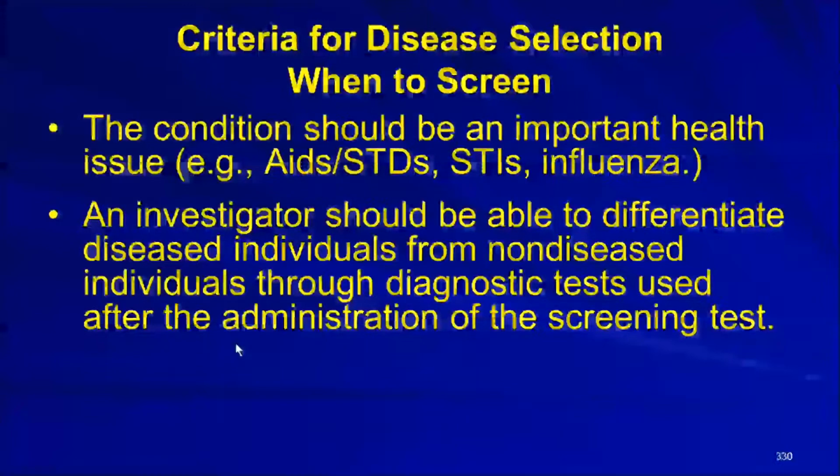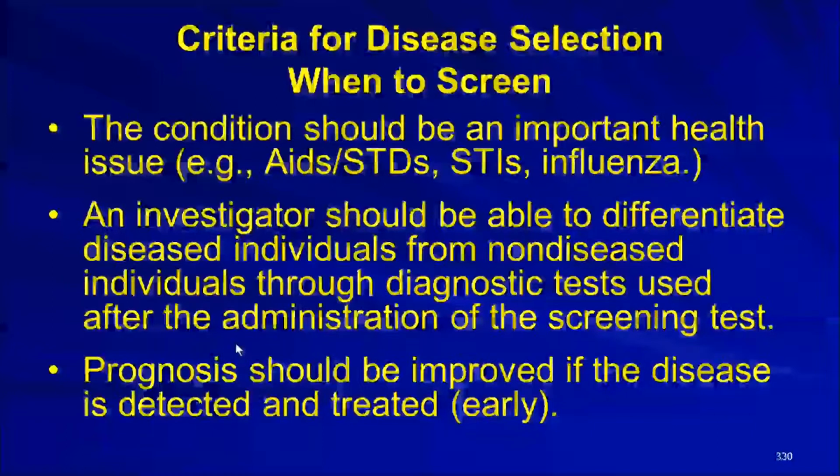Now, with a screening test, you should be able to differentiate diseased individuals from non-diseased individuals through diagnostic tests used after the administration of the screening test. What helps to establish the reliability and validity of these tests is how the screening test performs in relationship to the diagnostic or gold standard test.